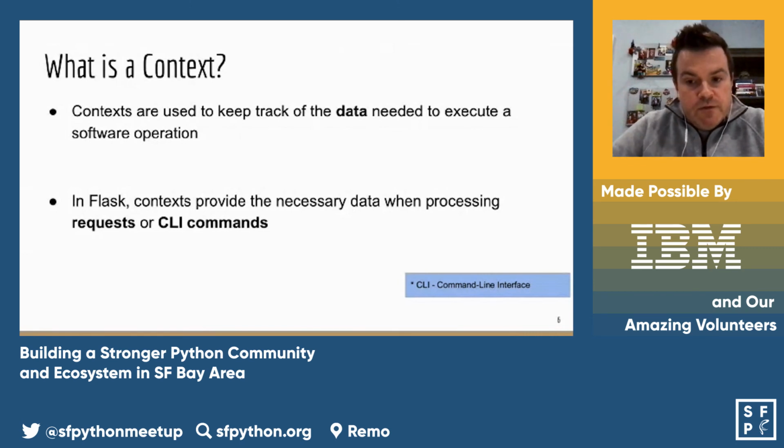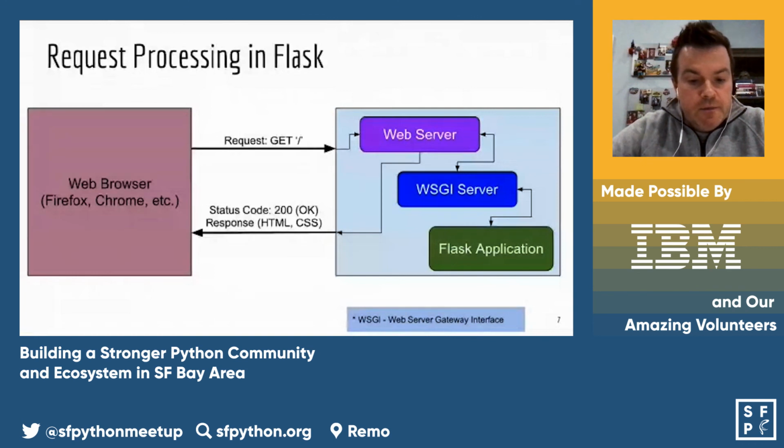That web server then sends the request to a WSGI server, and WSGI stands for Web Server Gateway Interface. Like the name implies, this is an interface between the web server and the Python code underneath. The web server doesn't have the ability to talk directly to Python code, and that's where the WSGI server comes in.